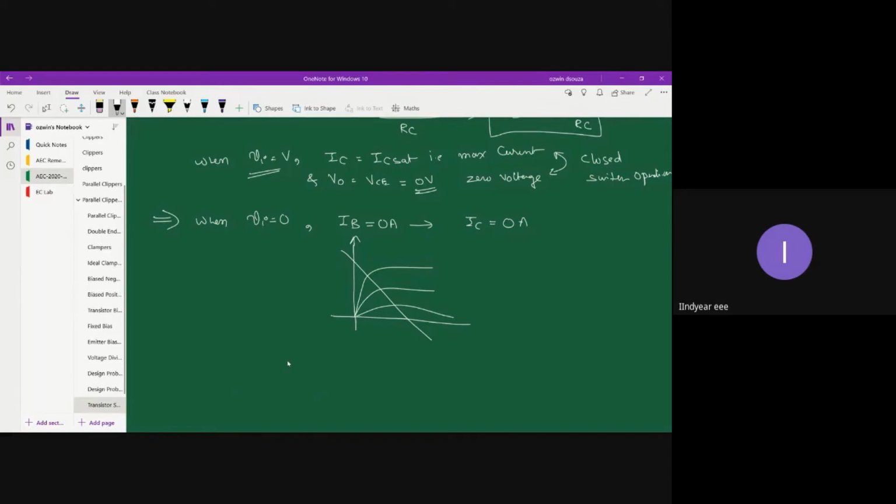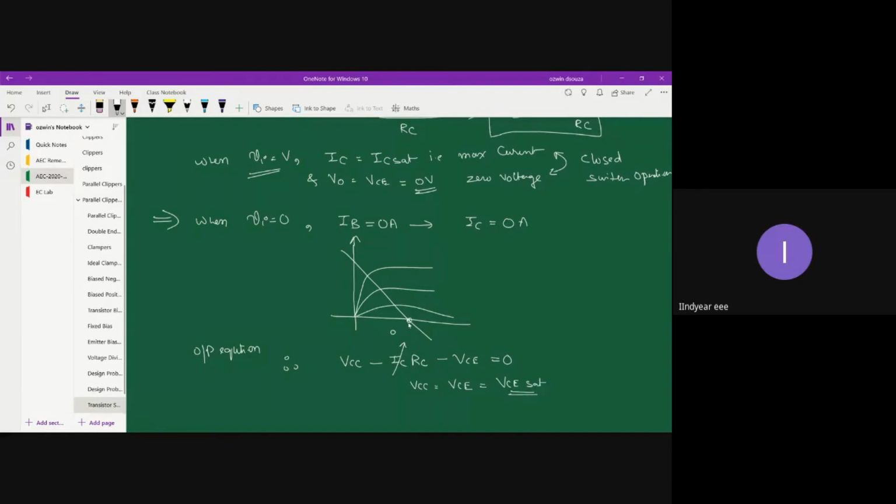So you can write the output equation as VCC minus IC into RC minus VCE is equal to 0. Since collector current is 0, you will get VCC is equal to VCE. So this itself can be taken as VCE saturation.